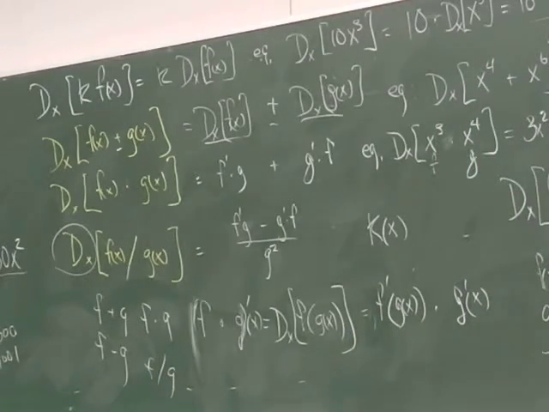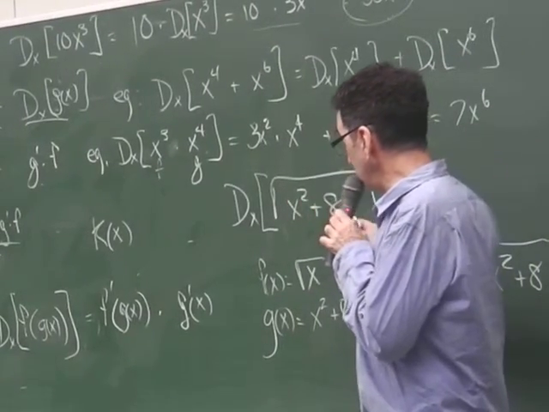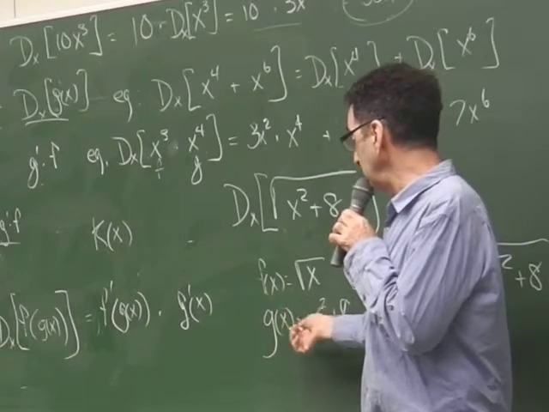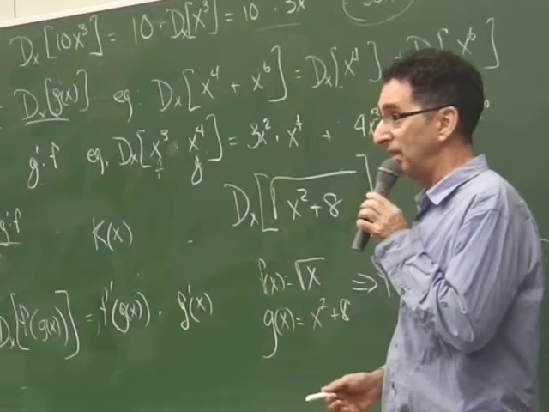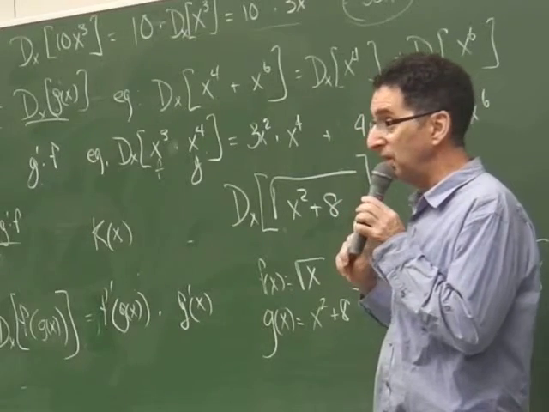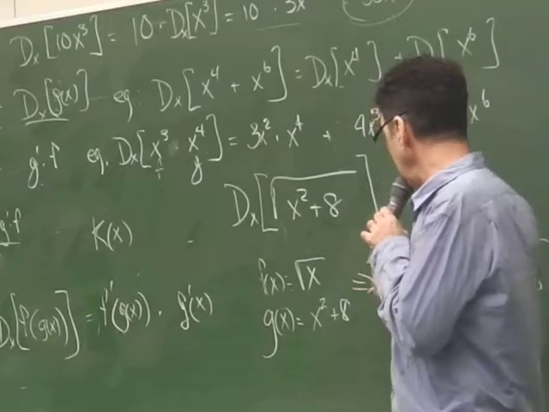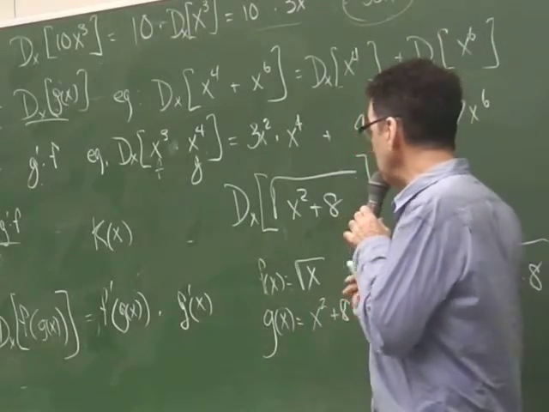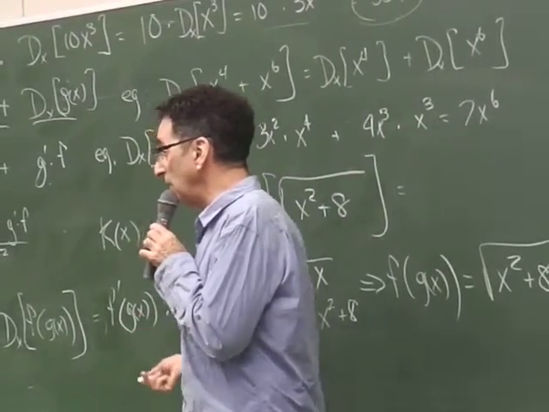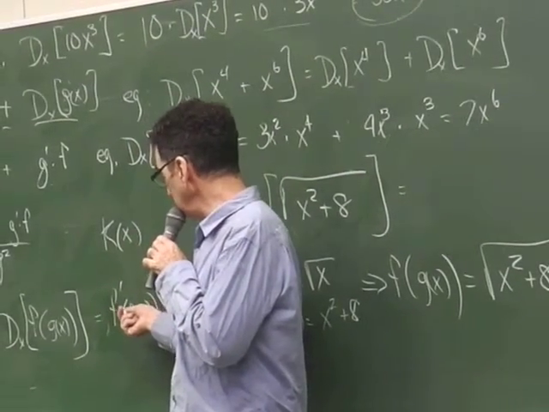But in this case, I hope you can see it as the composition of an outer function and an inner function, because we just constructed it from an outer function example and the inner function example. So what is the outer function again? The square root function. And what is the inner function again? This one. So the rule is going to say, according to this rule, what this says here is sometimes a little confusing.